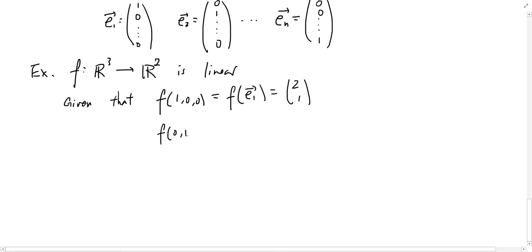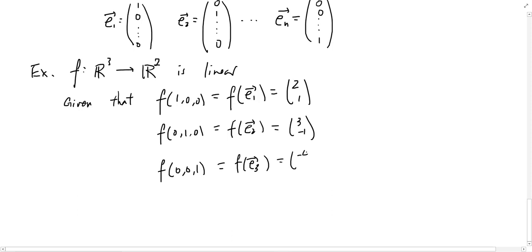F of (0, 1, 0), which is f of vector e2, is equal to (3, -1). And f of (0, 0, 1), which is f of e3, is equal to (-4, 2). Then what I'm going to ask you to do is find me the function f of vector x in matrix form.